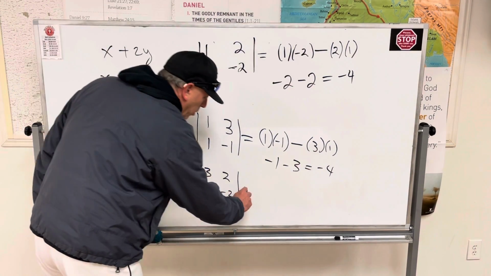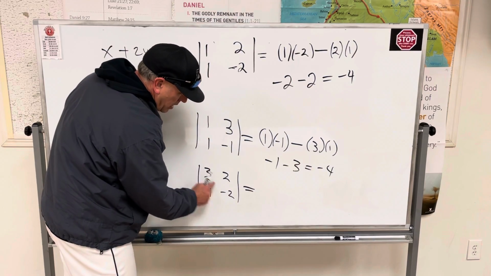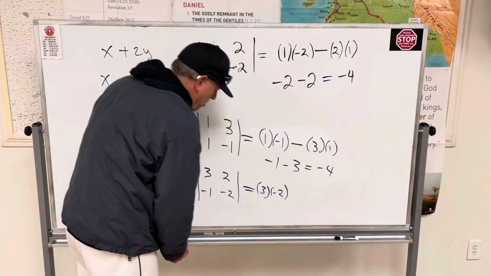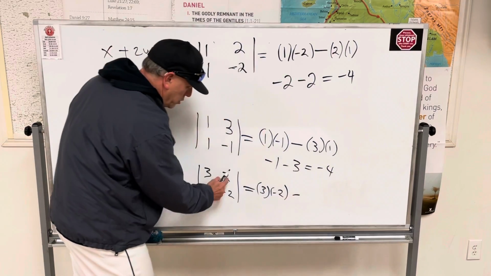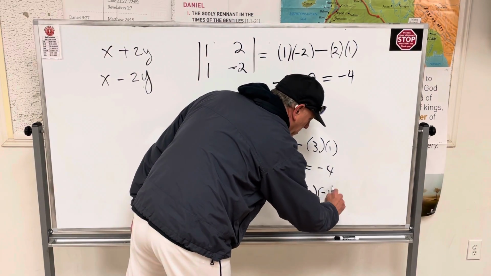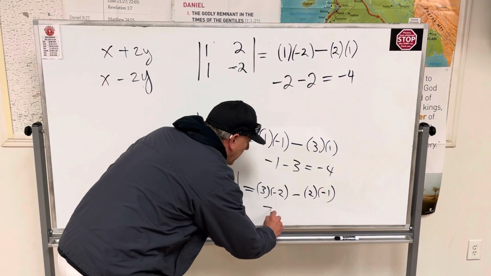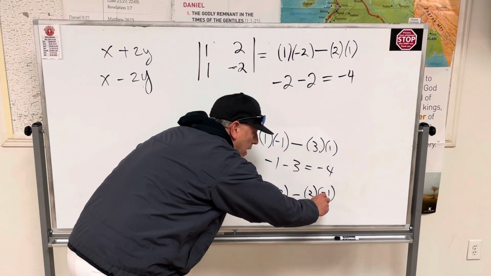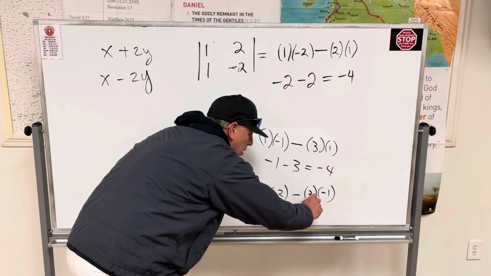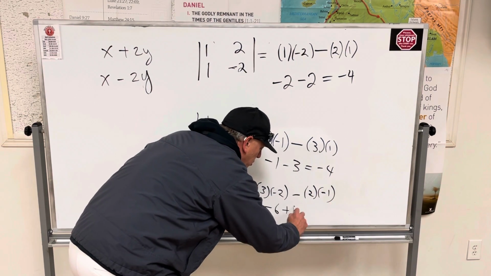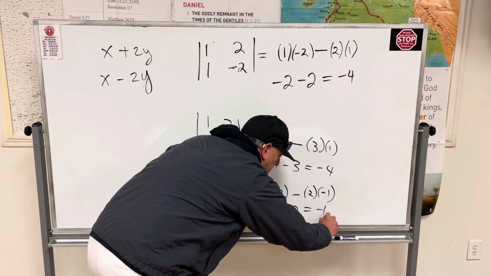So this will equal 3 times minus 2 minus 2 times minus 1. So that gives us minus 6. 2 times minus 1 is minus 2 minus that. So minus 6 minus minus 2, that's plus 2, which equals, sure enough, minus 4.